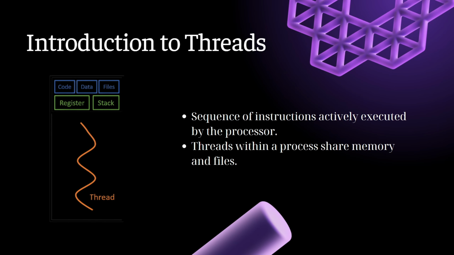A process is an abstract data structure containing all the necessary information to run a program, whereas a thread represents the actual sequence of instructions being executed by the processor. Each process must have at least one thread to perform execution, though additional threads can be created for concurrent processing if the CPU supports it.